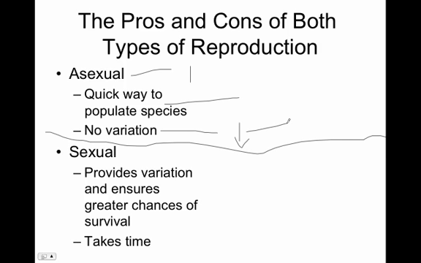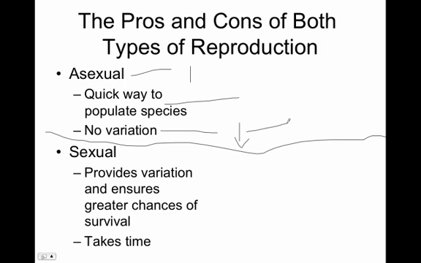Let's say you're a plant and you produce copies of yourself asexually, and they all have the same size roots, the same leaves, etc. Then all of a sudden a drought hits and your roots are all too short. Every single individual in your family has short roots. No diversity.